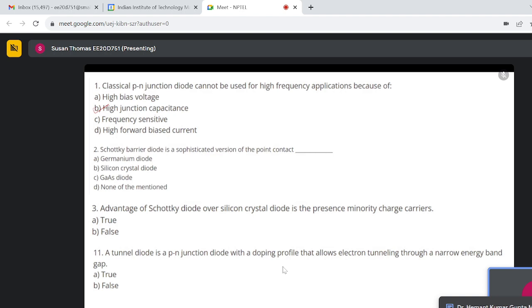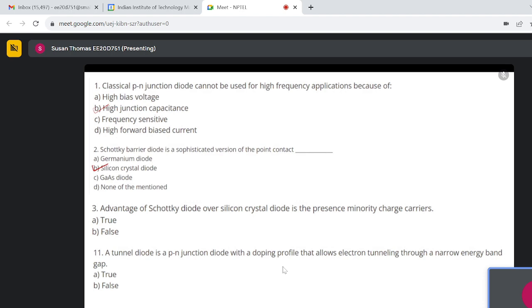Basically you have the metal semiconductor junction in a Schottky barrier diode. So it is a sophisticated version of the point contact silicon crystal diode. So this is option B.